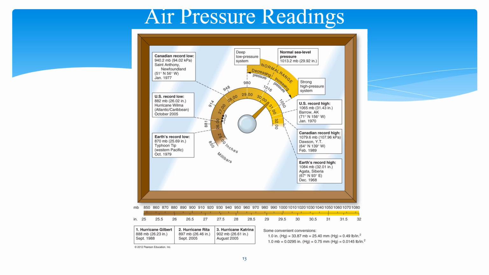But our highest pressure ever recorded was 1084 millibars in Siberia. And then the lowest recorded pressure, that I think still holds the record, was 870 millibars of pressure, and that was during Typhoon Tip in the Western Pacific in, I don't know, end of the 60s, early 70s, somewhere thereabouts.